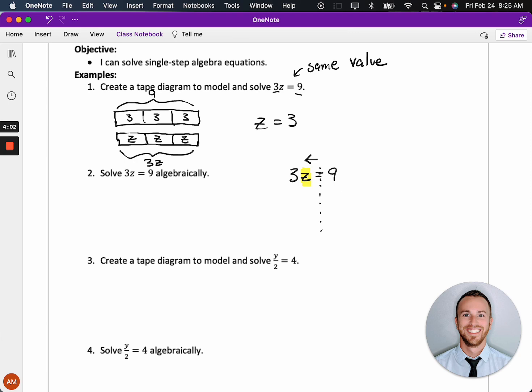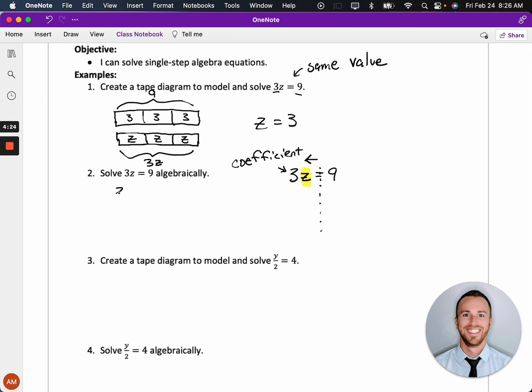Okay, so the question is, what operation falls between the 3 and the z? Well, remember, the 3 is what we call a coefficient. And it is being multiplied by the variable.